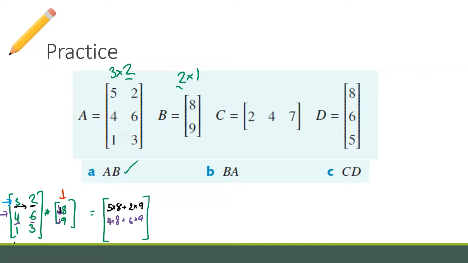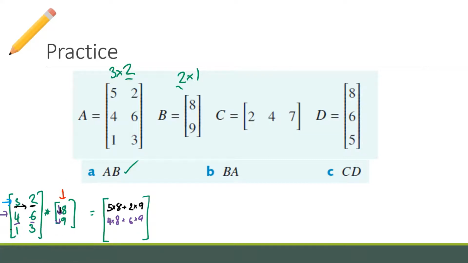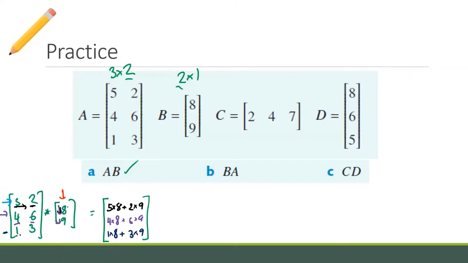For the last one, we've got 1 times 8 for the third row, first number times the column, and then the third row, second number times the column. That gives us this big long mess here. Now it's just a matter of solving it.